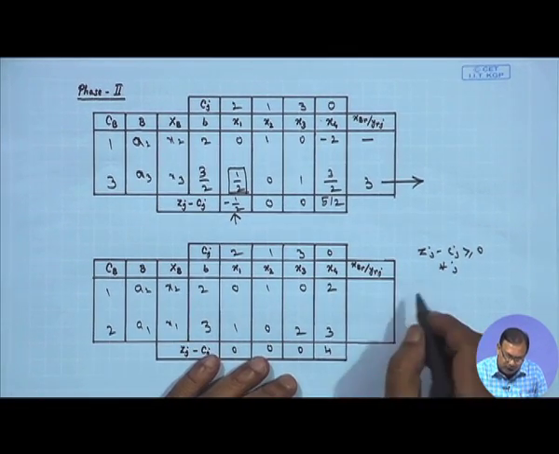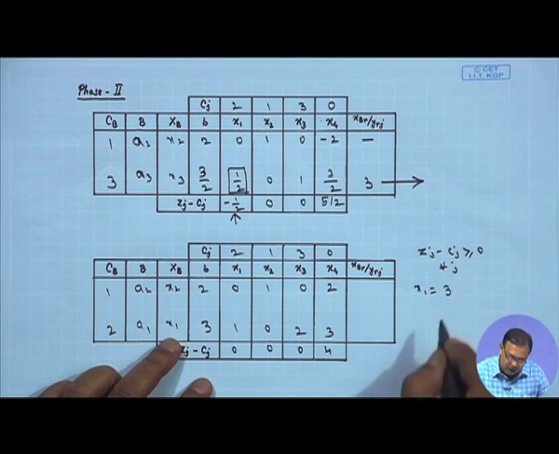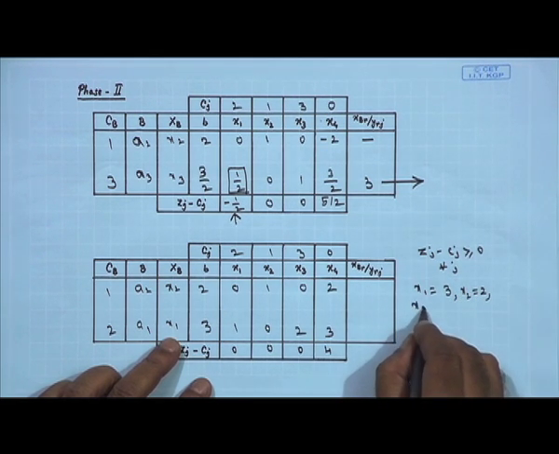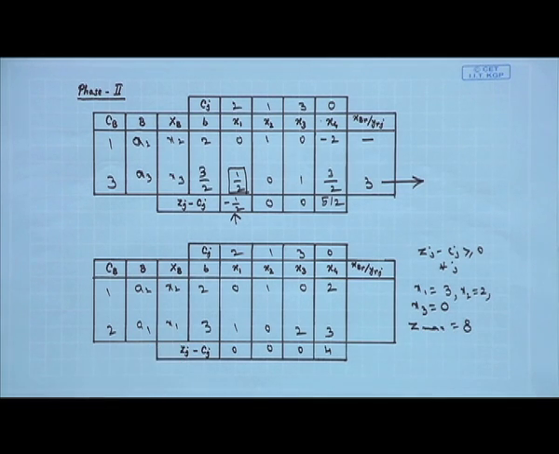So the optimal solution in this case you will obtain as x1 equals 3 from here, x2 equals 2, and your x3 is not present here. So the value of x3 will be 0 and z max will be 8. This is the unique optimal solution of this particular problem.